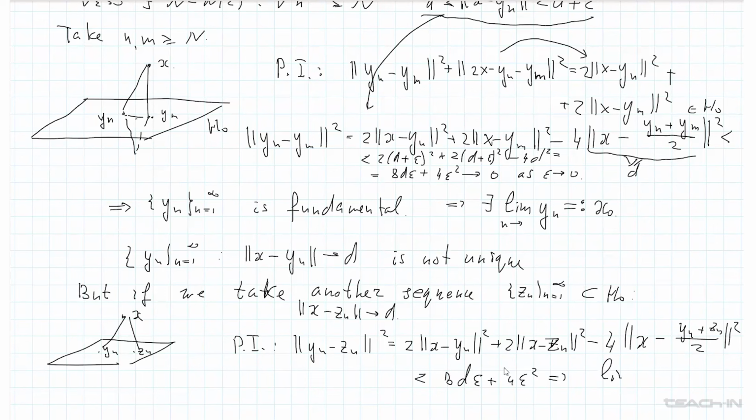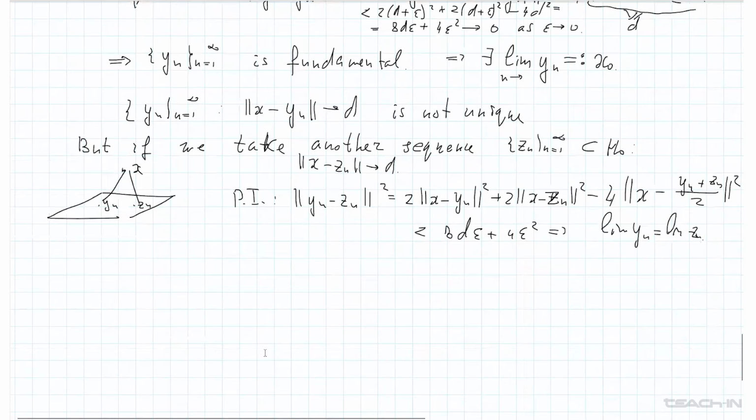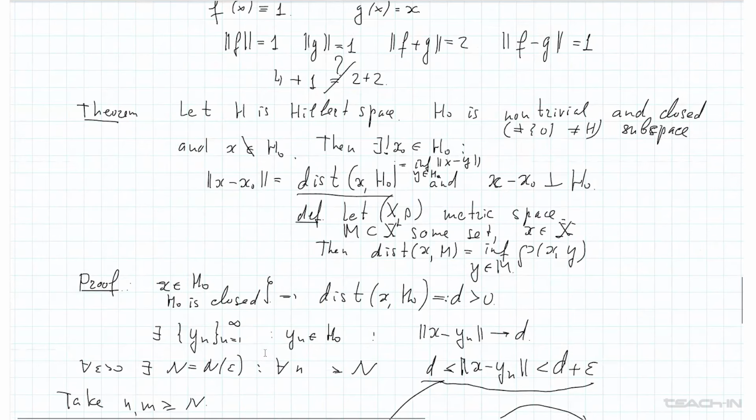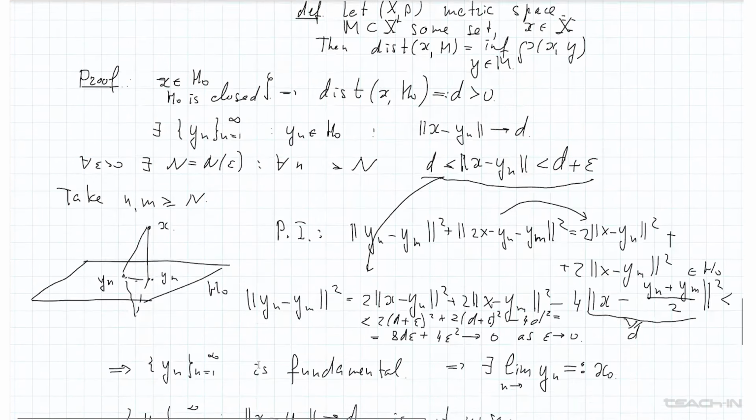So the limit of Yn coincides with the limit of Zn. So this limit is unique. We have a unique element which gives us a distance from the element to the subspace. And why is it orthogonal? So we have not only the claim of our theorem that it exists and is unique, but that it is orthogonal. Why is it orthogonal?